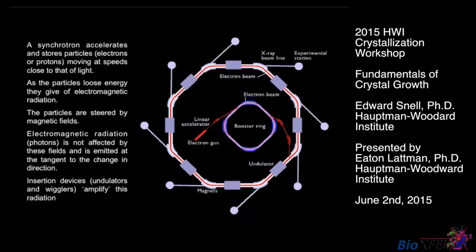At this point, there's an acceleration, and the electrons emit radiation that's captured in this direction. In the middle of the straight section, and we'll see more of this later, people at a later time put in arrays of magnets that look like two combs facing one another. They're called insertion devices. They move the electrons back and forth. So even in the straight sections, one can now get X-ray emission.